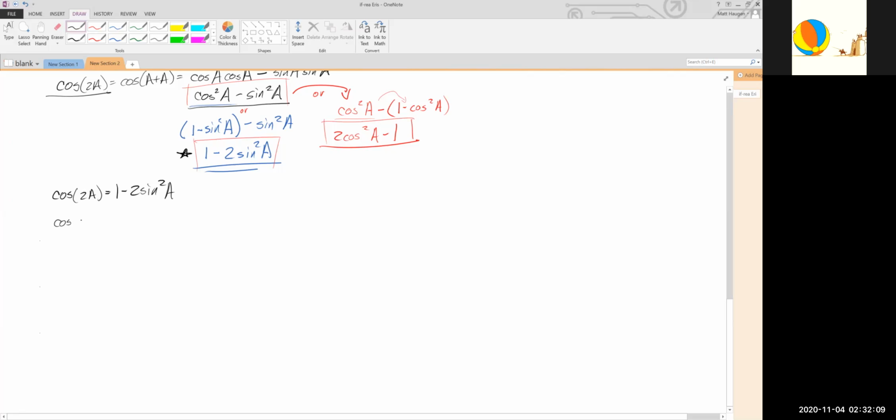So let's take that and go cosine of 2a and subtract the 1, get negative 2 sine squared a, and then divide off that negative 2. I'm going to change the order while I do this. That's going to be the sine squared of a is equal to, put that negative up there, switches our subtraction, so 1 minus the cosine of 2a over 2.